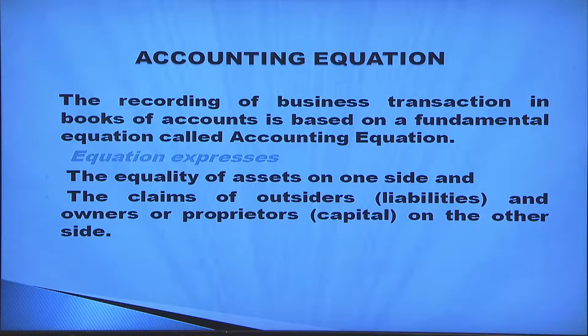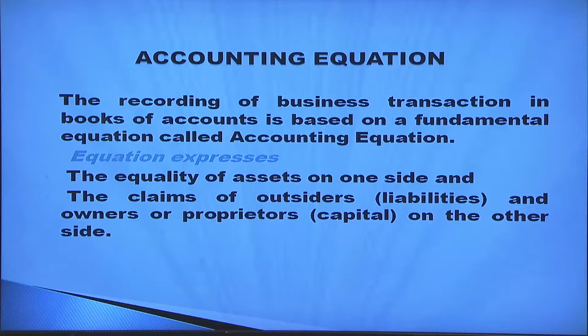The recording of business transaction in books of accounts is based on a fundamental equation called accounting equation. And what does this equation express? The equality of assets on one side and the claim of outsiders, that is liabilities, and owners claim, that is capital, on the other side.